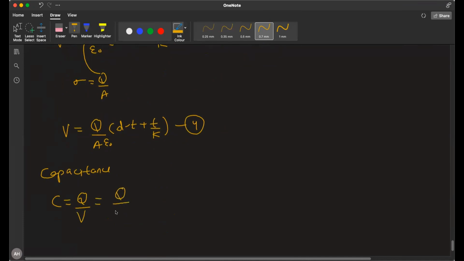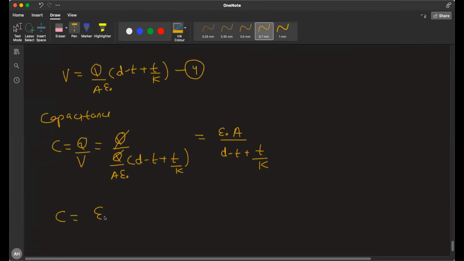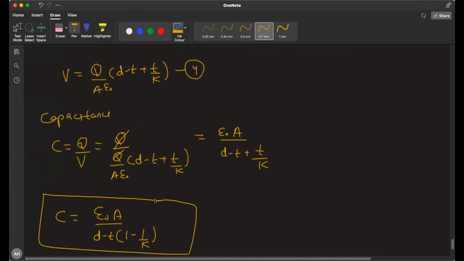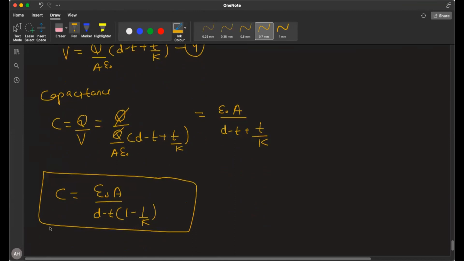Charge is Q and potential difference is Q by A epsilon naught times D minus T plus T by K. This gets cancelled out, so the capacitance is epsilon naught A over D minus T plus T by K. Or you can take T as common and be left with 1 minus 1 by K. This is the capacitance of a parallel plate capacitor when it is partially filled with dielectric.